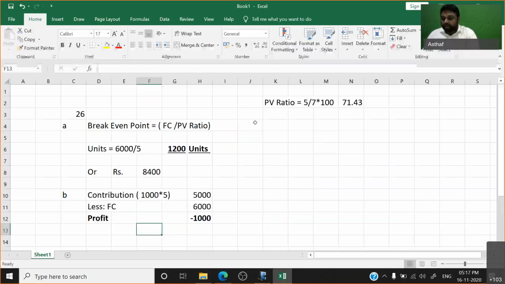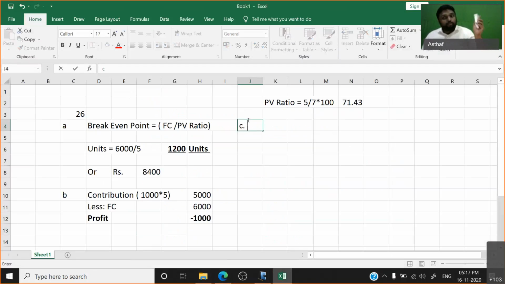Going further, how many units should be produced to earn a profit of 4,000? This is very important. This will also test your Group 1 and Group 2 costing. Desired units equal to F plus P divided by contribution per unit.